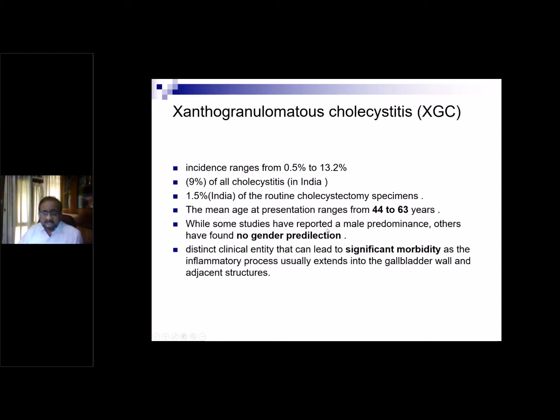While some studies have reported a male predominance, we agree that probably it does not have a gender predilection. Males and females may be equally involved. But the significant morbidity is there because the inflammatory process usually extends into the gallbladder wall and adjacent structures. Just like in emphysematous, which burst through the walls into the pericholecystic area, here it also involves adjacent structures like the transverse colon or the duodenum.